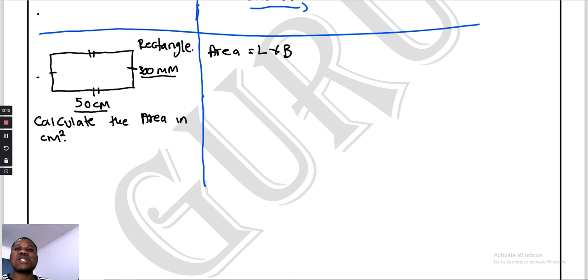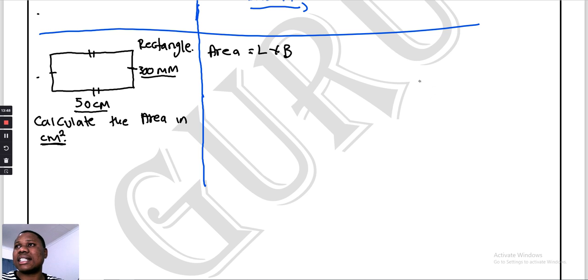In this case, you must listen to your question. Your question says calculate the area in centimeters. It means that we must leave 50 centimeters alone and we must convert our width, which is 300 millimeters. If you check out the video on conversion, then you'll understand how we convert. Now we're going to check the relationship between centimeters and millimeters.